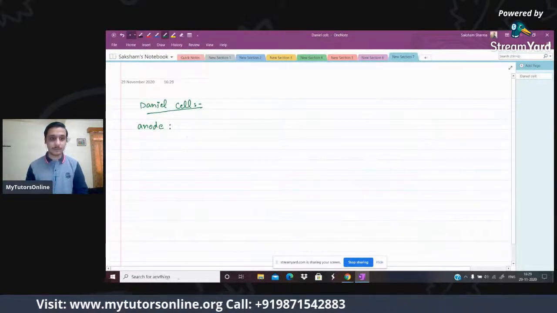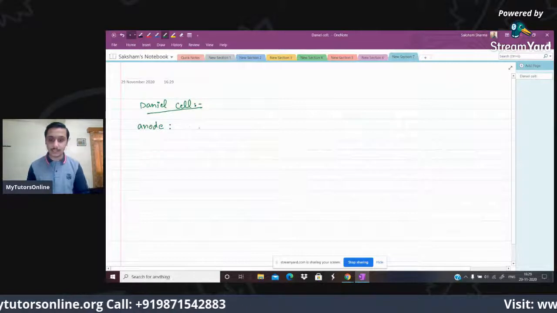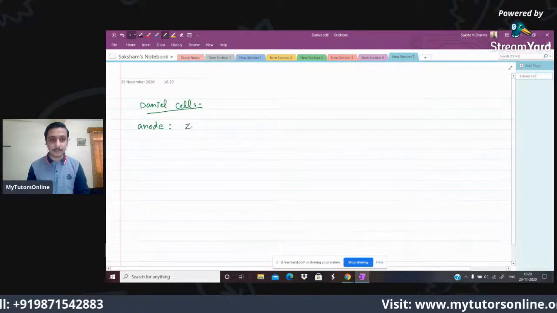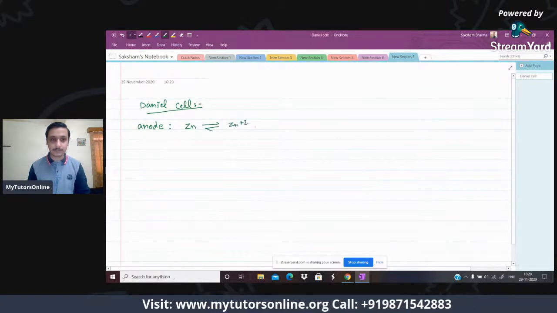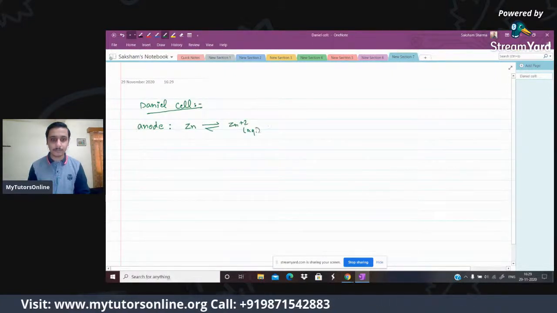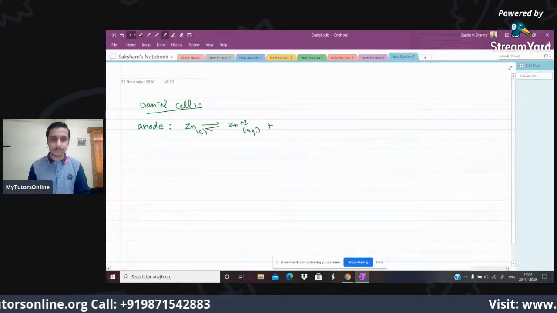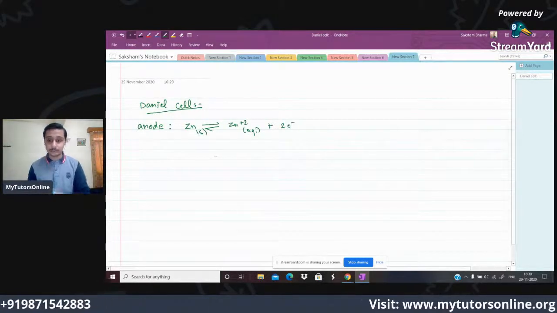So you have your oxidation half reaction at the anode. The reaction is something like this: zinc gets converted to Zn2+ in aqueous state plus 2 electrons. Correct?